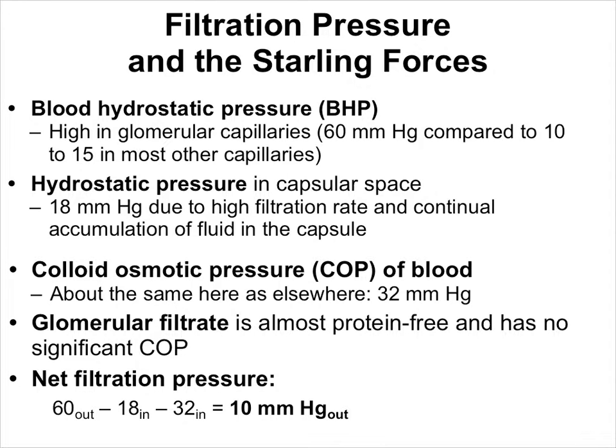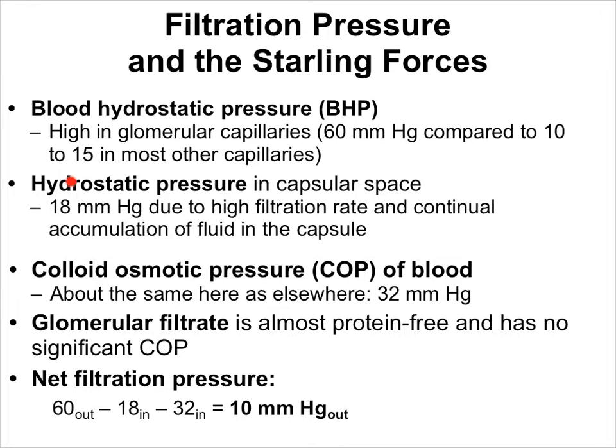And that blood pressure is usually a lot higher than in the other capillaries of your body. So in the glomerular capillaries, we're talking like 60 millimeters of mercury pressure, compared to about 10 to 15 in most of the other capillaries of your body. So you're filtering fluid out, filtrate out at a much higher rate because of the higher pressure and because of the fenestrations in the capillaries.